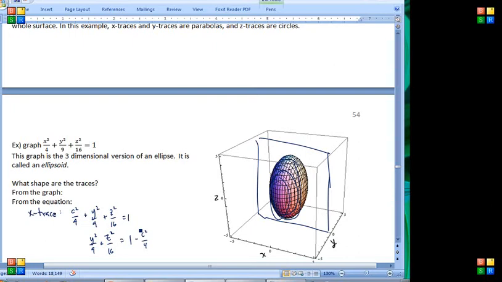Notice that as c changes, it changes the constants involved in the ellipse. And again, you can see this on the picture. For x traces or y traces, as you change where you're taking your slice, constant equals 1, 2, 3, whatever, you get an ellipse of a different shape or size.